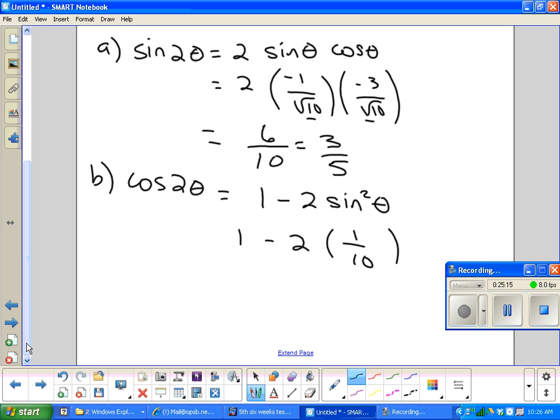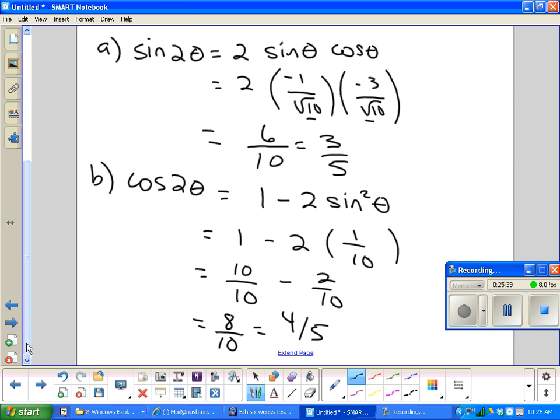Now let's multiply before we subtract. 2 times 1/10, 2 times 1 is 2, so it'll be 2/10. Now instead of 1 minus 2/10, let's do 10/10 minus 2/10. That'll be 8/10, which is 4/5.